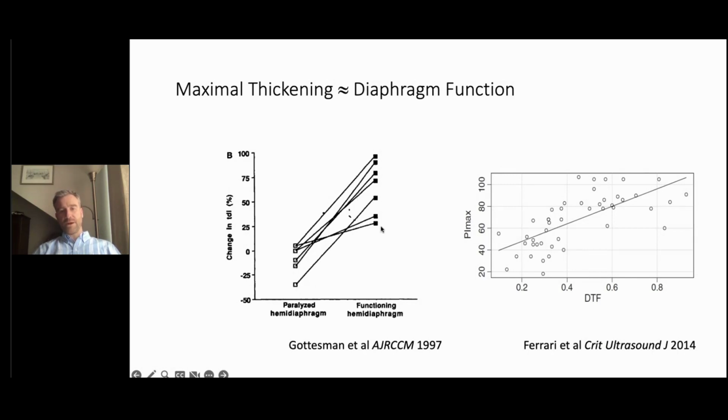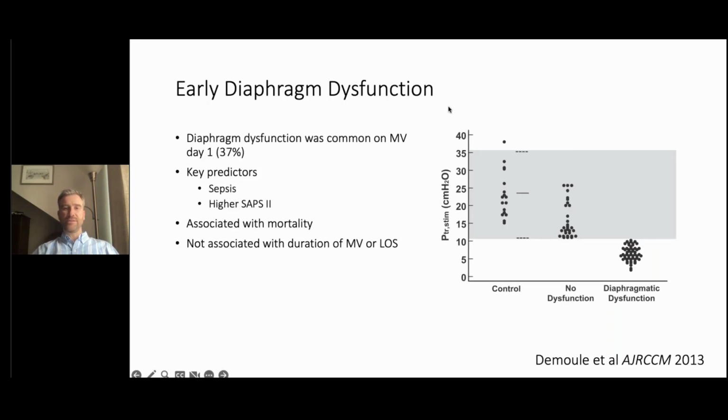On the non-paralyzed, functioning side, the thickening of the diaphragm is intact, and you can see a substantial increase in thickness during inspiration to total lung capacity. Thickening of the muscle is also correlated to maximum inspiratory pressure. So I'm just making the case here that these ultrasound measurements are a useful way of seeing what the muscle is capable of. Throughout this talk, I'll be referring to these twitch pressure measurements and these ultrasound measurements, so you have some feel for what is being described.